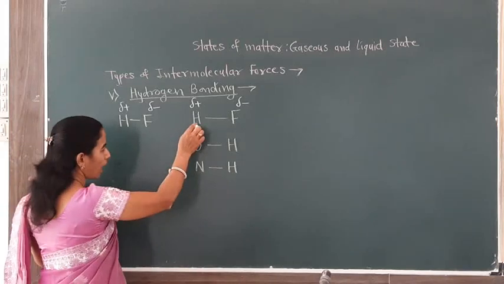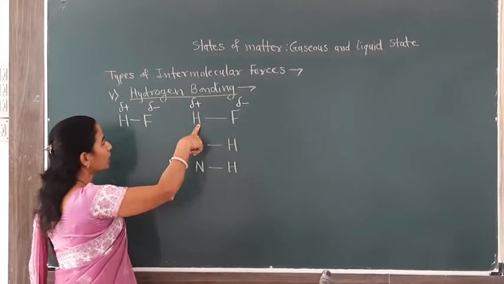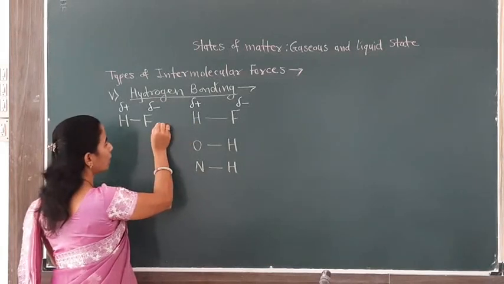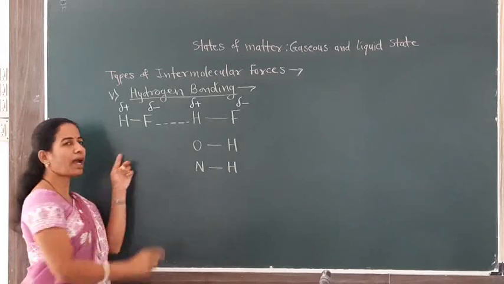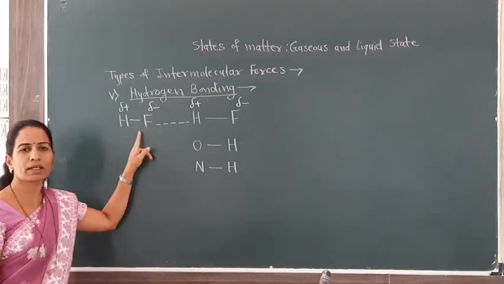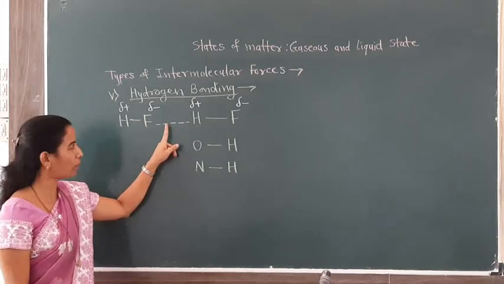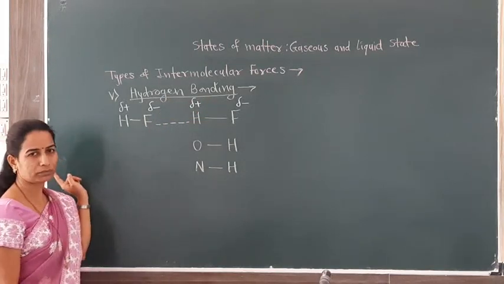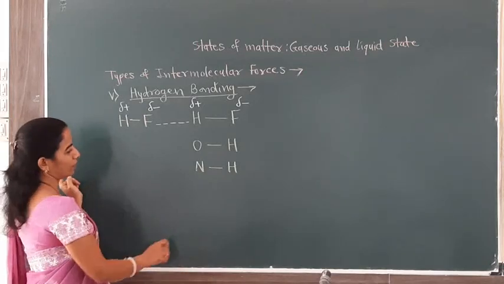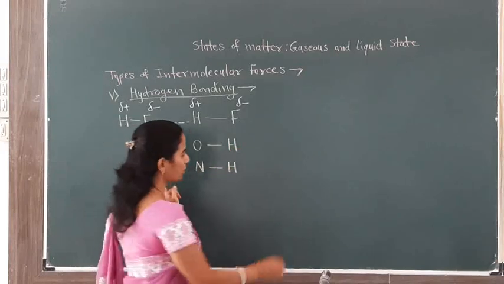Now, the hydrogen atom of this molecule is forming a special bond with the fluorine atom, the more electronegative atom of another molecule, and that bond is called a hydrogen bond. Have you got it? Similarly, I will take another example where an OH bond is formed.